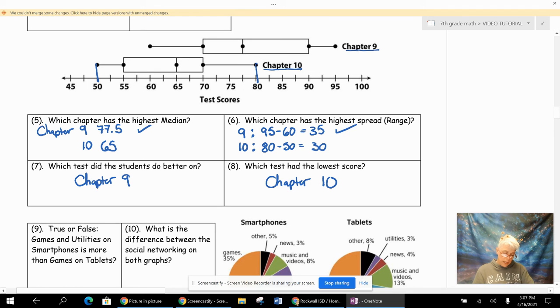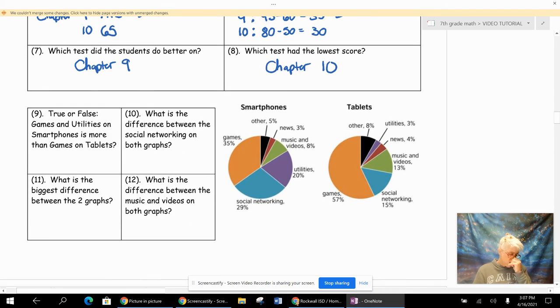All right, let's look at circle graphs. Again, a lot of times you're comparing graphs. It's called data analysis, which is actually the title of this entire unit. True or false? Games and utilities on smartphones is more than games on tablets. So let's look at games and utilities. Those two add up to 55%.